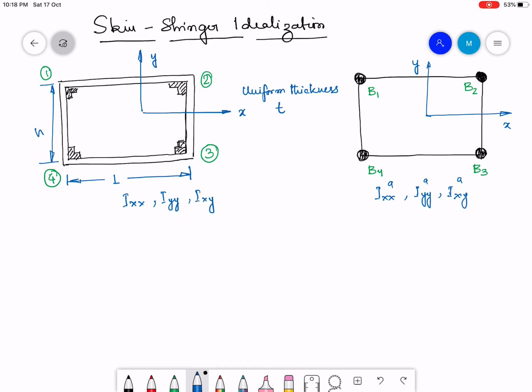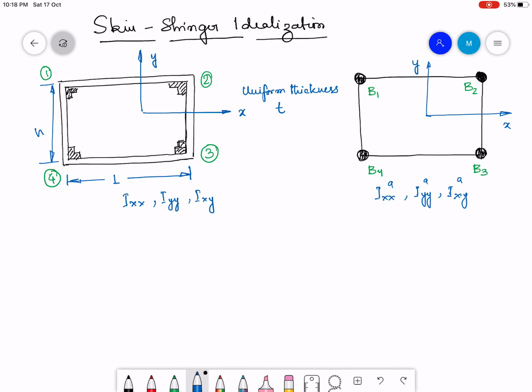This problem that I have drawn here has been solved in the earlier class, where I have a rectangular box beam with uniform thickness t. There are four stringers at the four corners given by points 1, 2, 3 and 4.